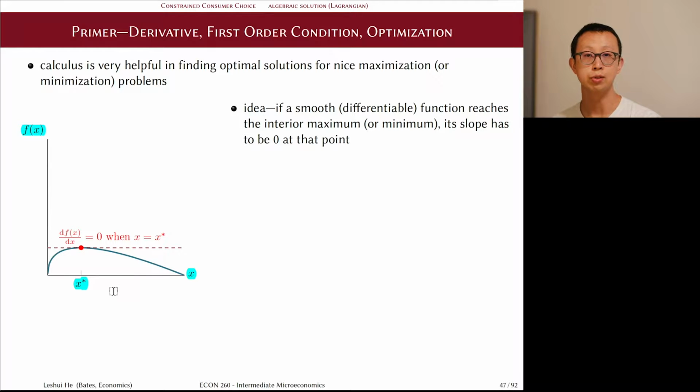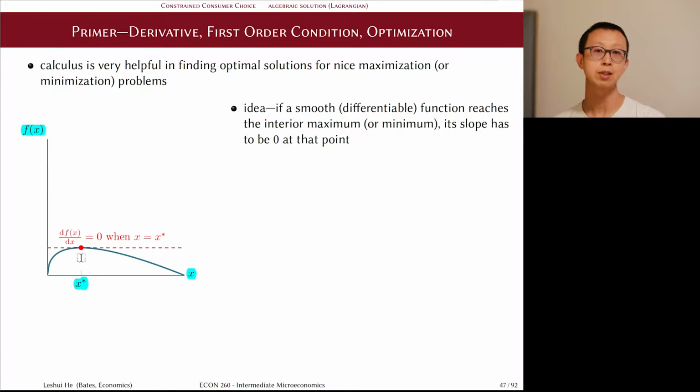Then we will notice that the derivative of this function with respect to x is positive for all these values of x that's leading up to x star, and the derivative is negative for all the x's that are past x star. However, when we evaluate the derivative at x star, the derivative is going to be 0.